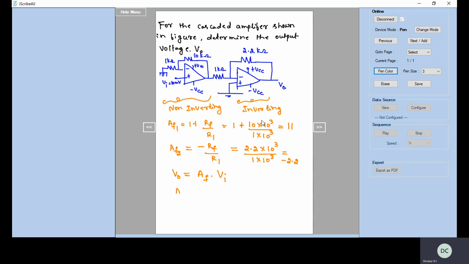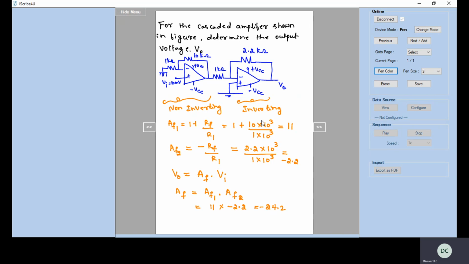The overall voltage gain AF is equal to the product of AF1 and AF2. That is 11 × -2.2, so the gain is -24.2.